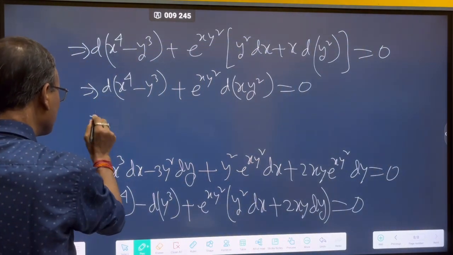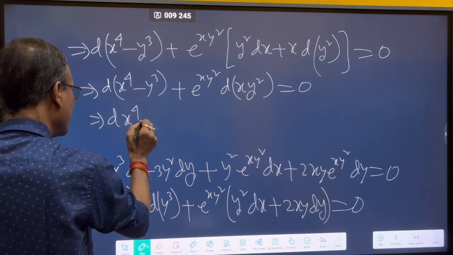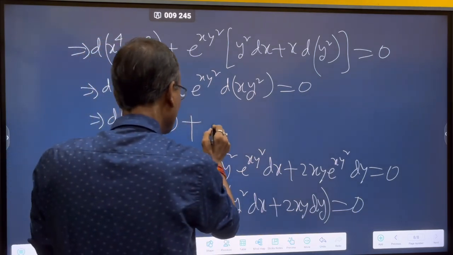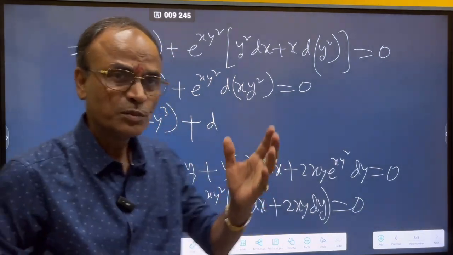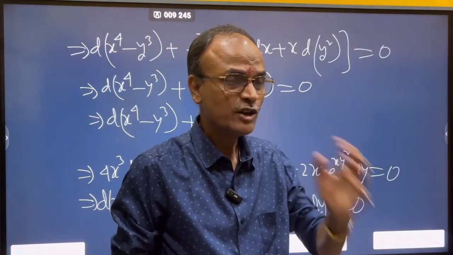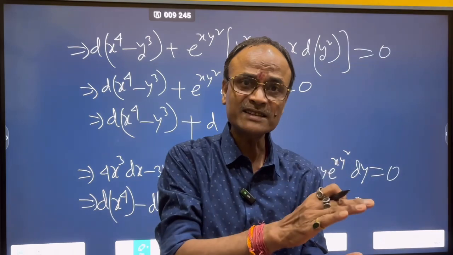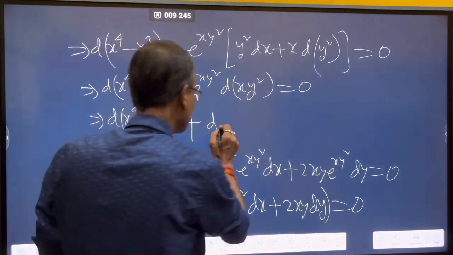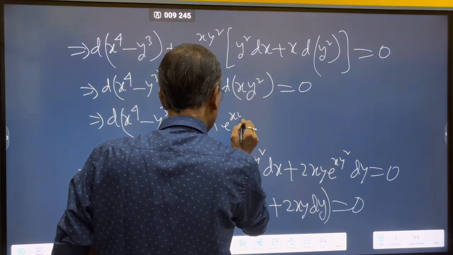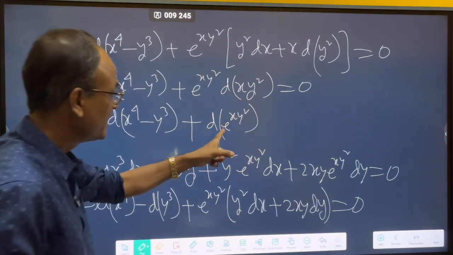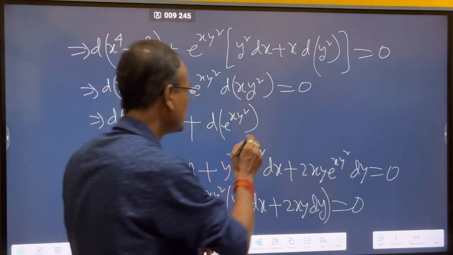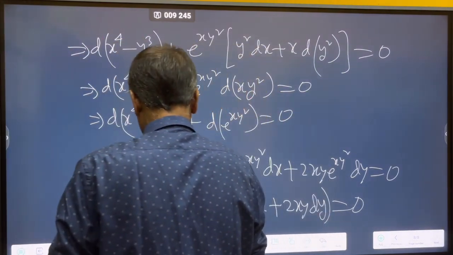This means d of x to the power 4 minus y cube plus e to the power x. d of e to the power x is e to the power x dx. It is of the form e to the power x dx, here d of xy square.